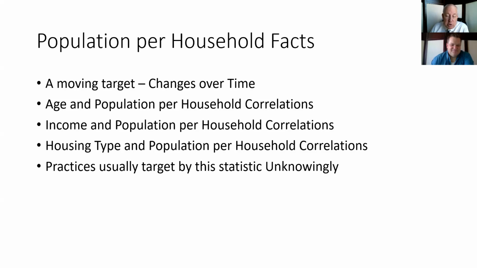Now, practices usually target by this statistic, the population per household, and they don't even know they're doing it. But the fact is, not all practices do as well with populations of different sizes. Sometimes they do well with people who are living alone, and sometimes older and younger living alone, or have a large family, or no children present at all.